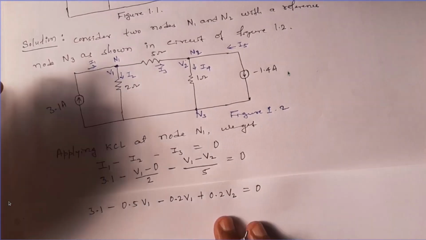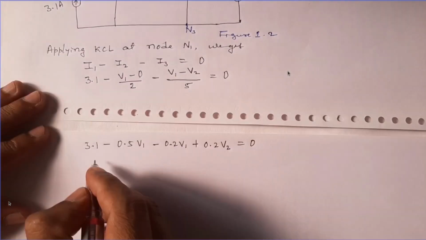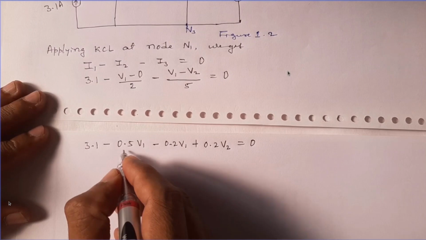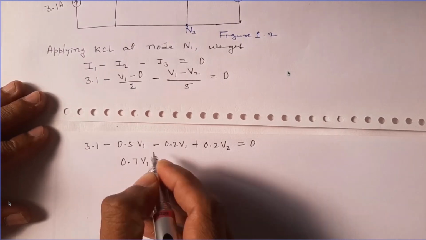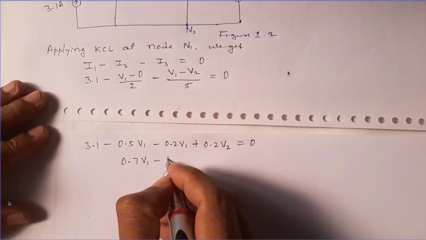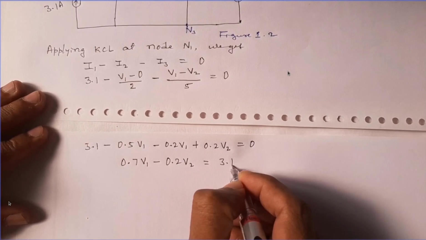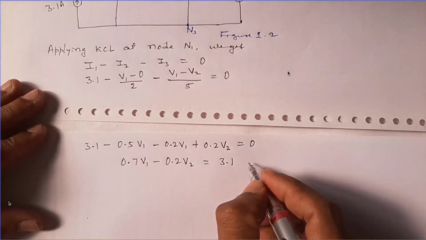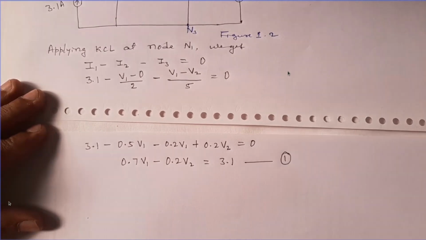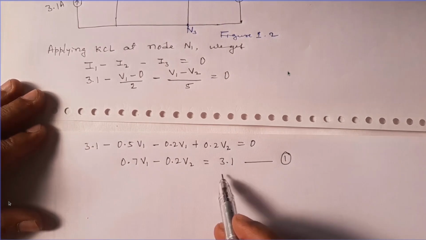So now if I proceed further, this is 0.7 V1 minus 0.2 V2 is equal to 3.1. I am taking these to the other side. I call this equation 1: 0.7 V1 minus 0.2 V2 is 3.1.